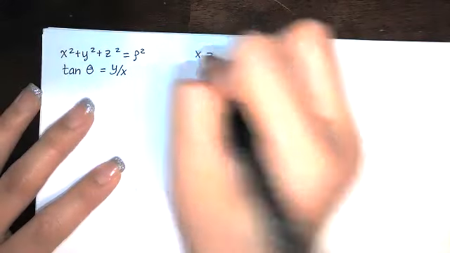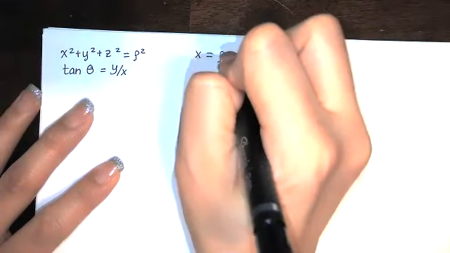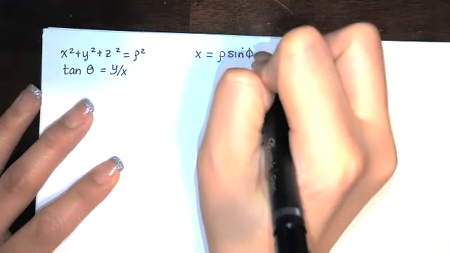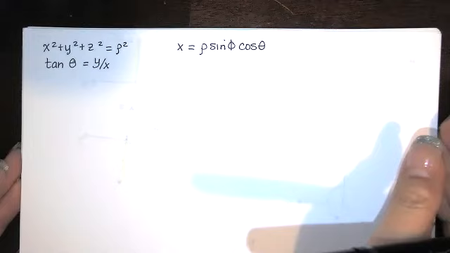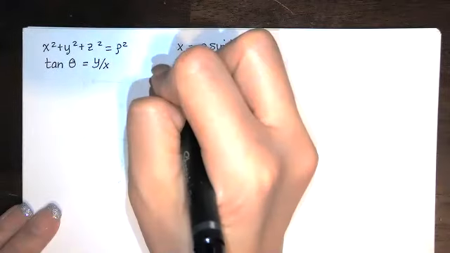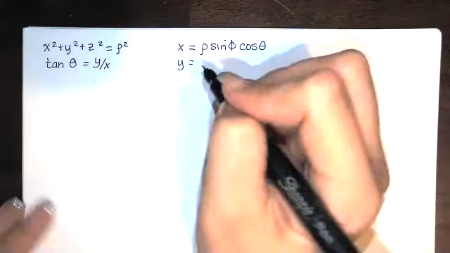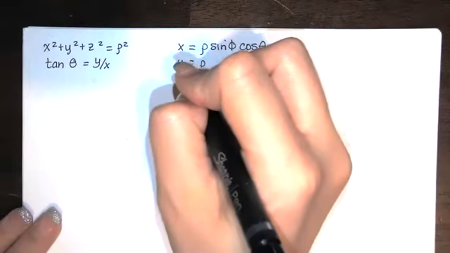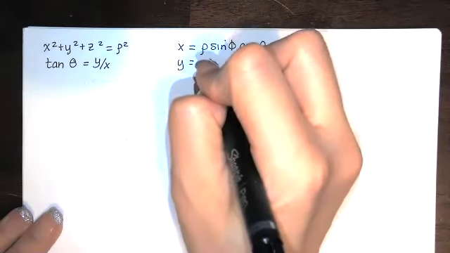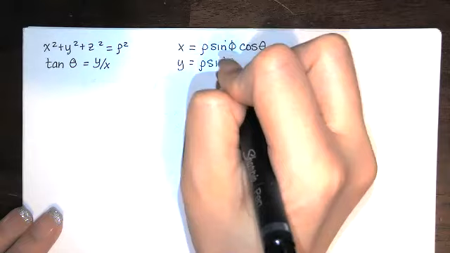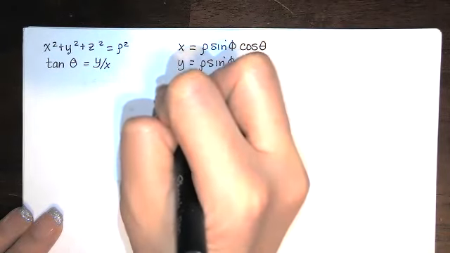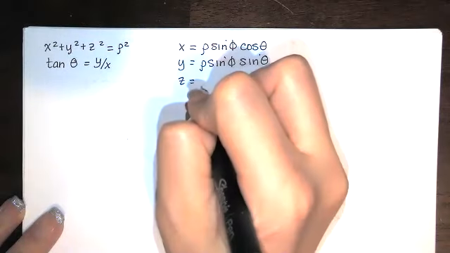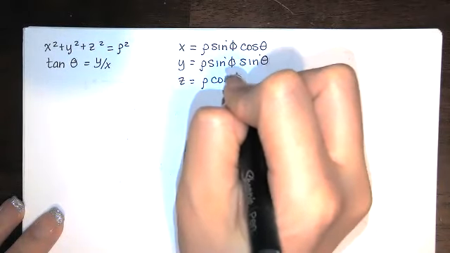And we just derived that x equals rho sine of phi times cosine of theta, because rho sine of phi turns out to be equal to r, that r that we used in polar coordinates and cylindrical coordinates. And y is r sine of theta, and r is still rho sine of phi, so we get rho sine of phi times sine of theta here. And then just using right triangle trig, z would have to be rho cosine of phi.